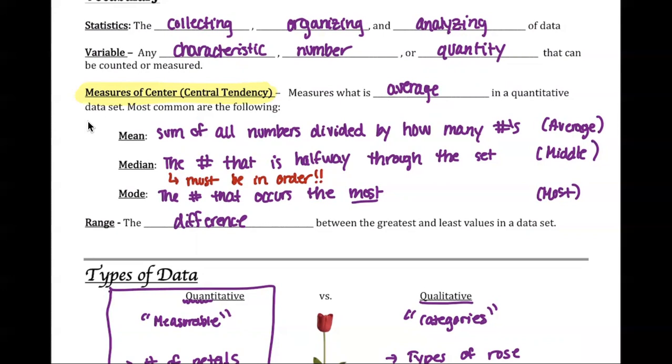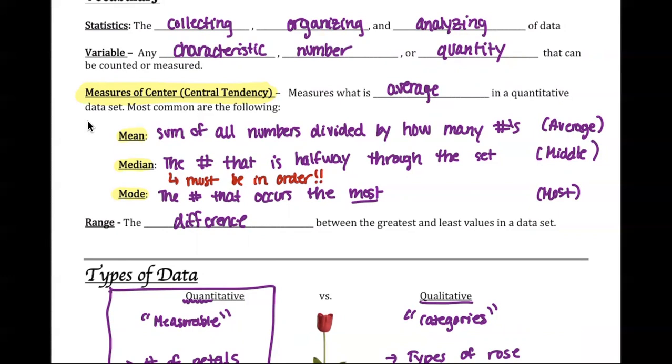We can calculate the middle a couple of different ways. The three measures of center are the mean, median, and mode. The mean is the sum of all the numbers divided by how many numbers. The median is the number that is halfway through the set. And the mode is the number that occurs the most.